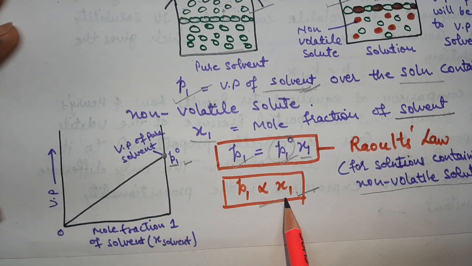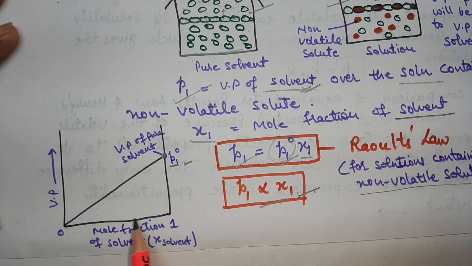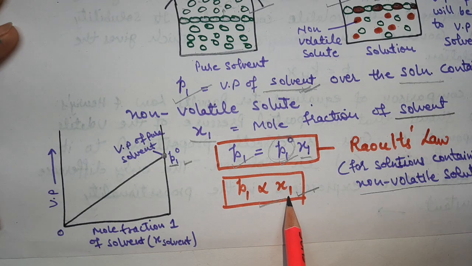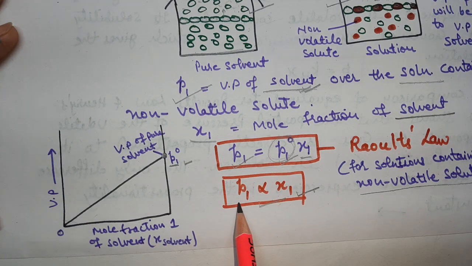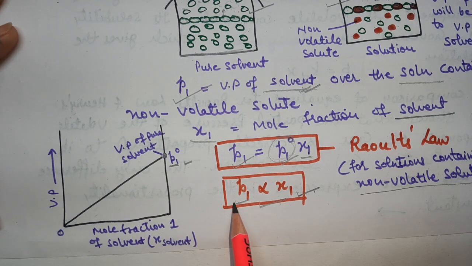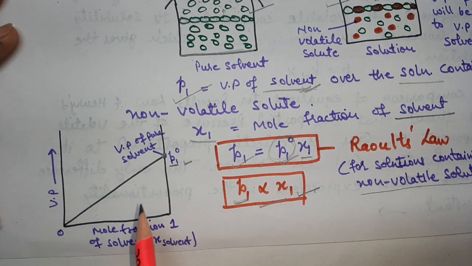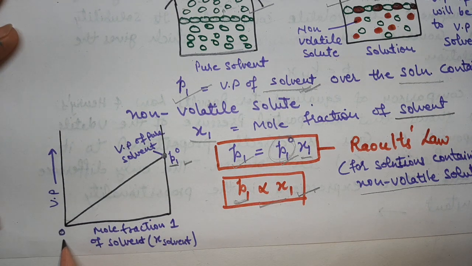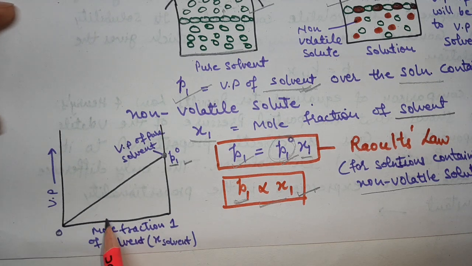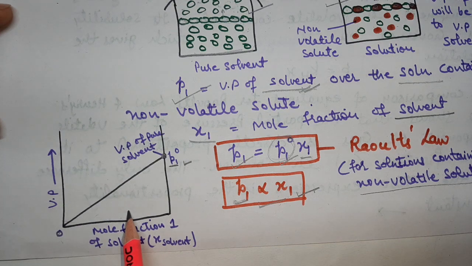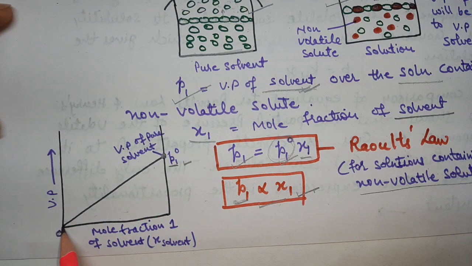As they are directly proportional to each other, as the mole fraction of the solvent increases, the partial pressure of the solution also increases. Suppose we start from here, and let us consider x2 as the mole fraction of the non-volatile solute, which does not contribute to the vapor pressure. That's why we have started over from here.